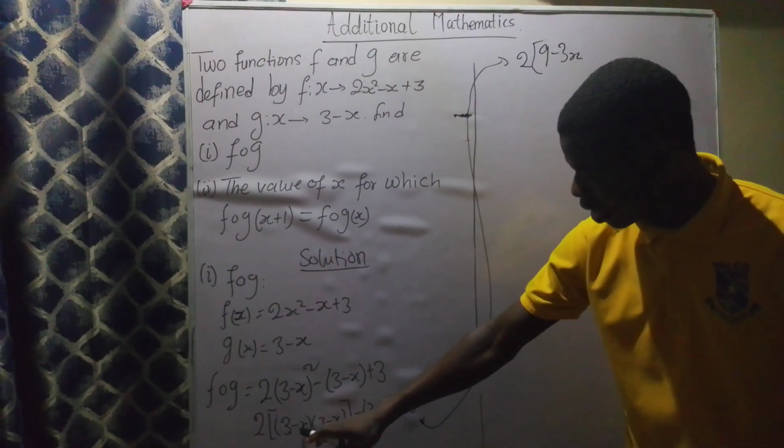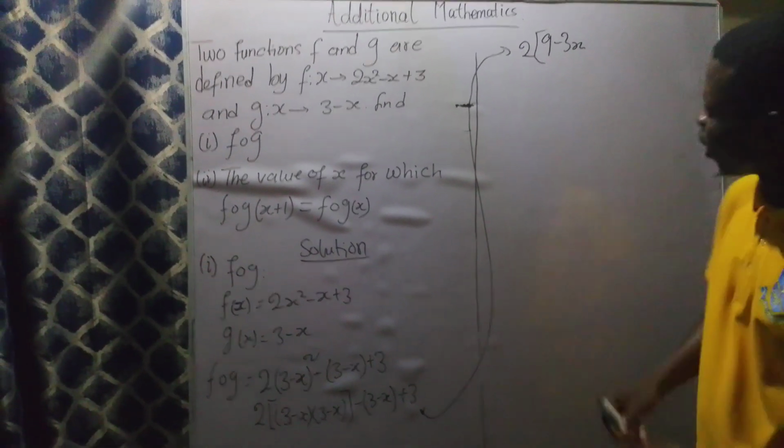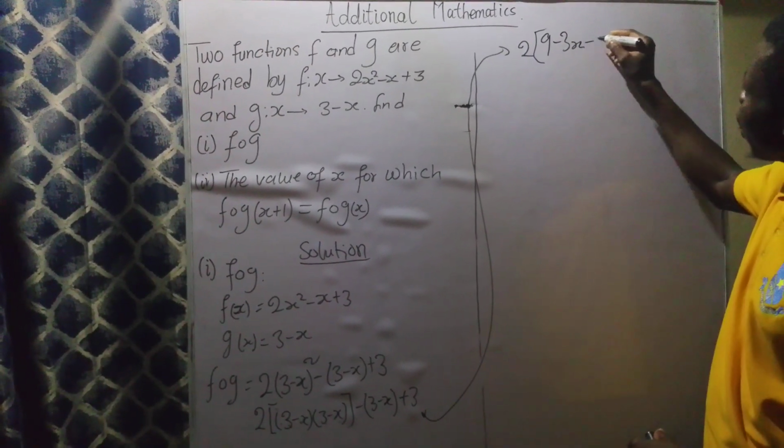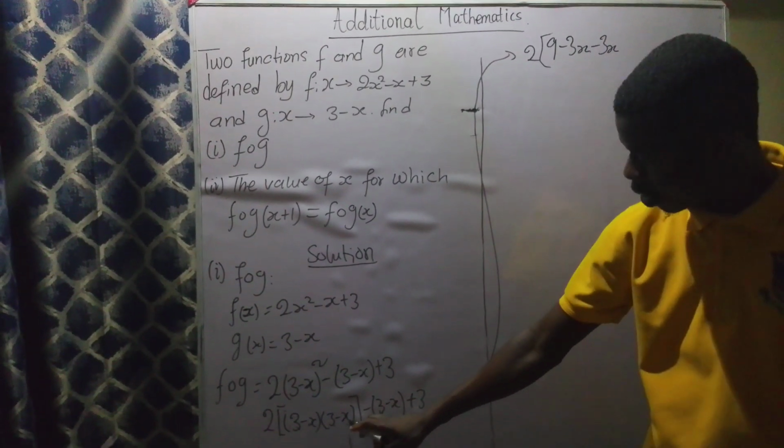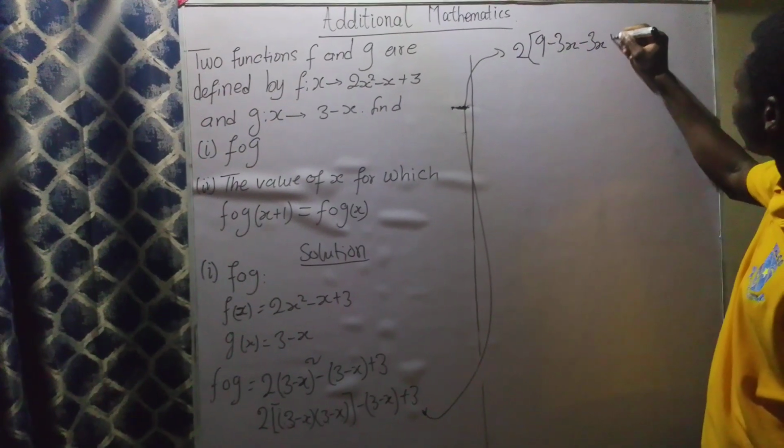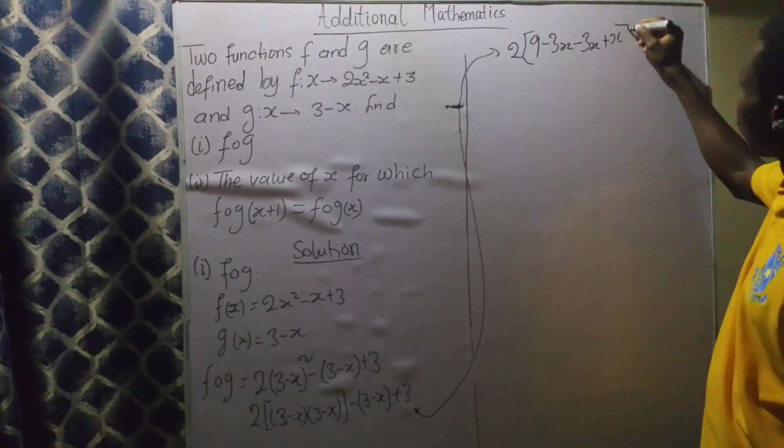Then the negative x multiplied by 3 will also be negative 3x, and the negative x multiplied by negative x gives a positive x squared.